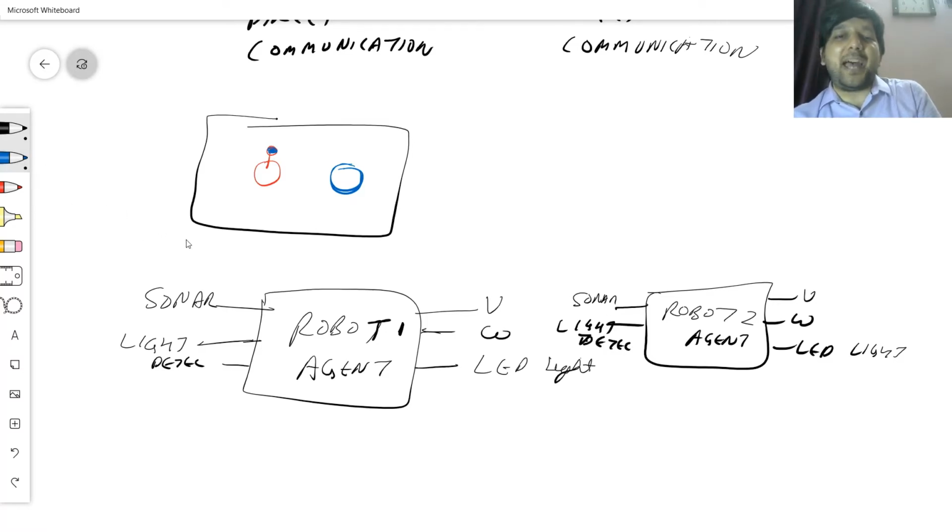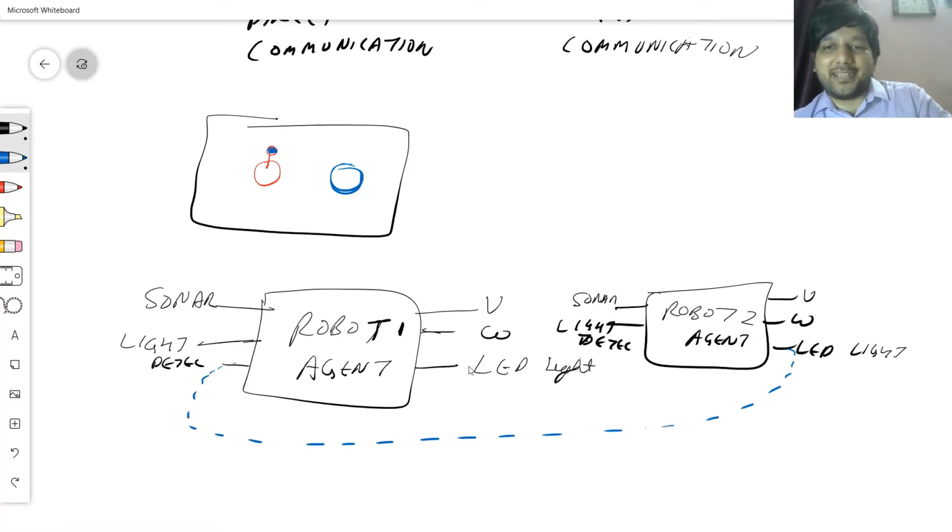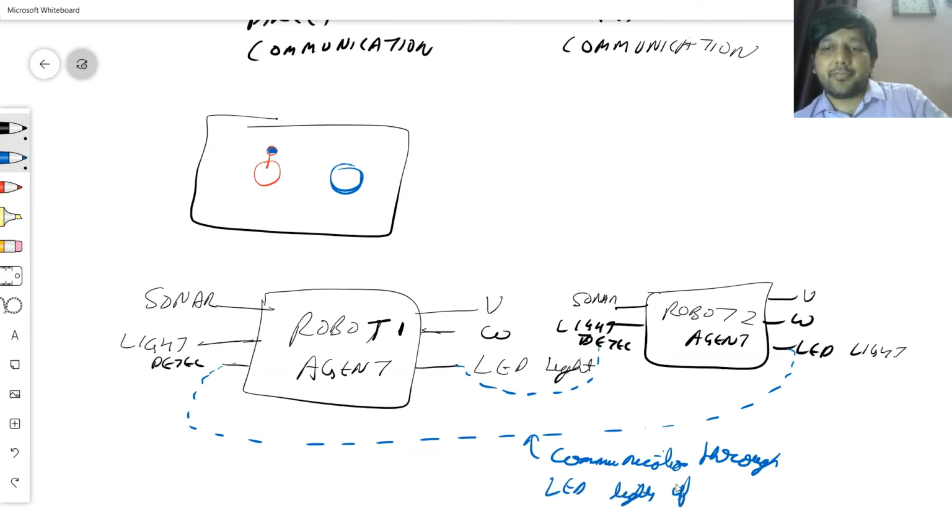So if both of them are facing each other, with no obstacle between them, then ideally this light detector detects the LED light over here, and this LED light is detected over here. So this becomes communication through LED lights if within visibility.